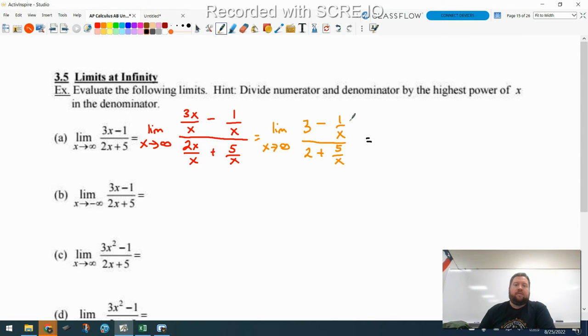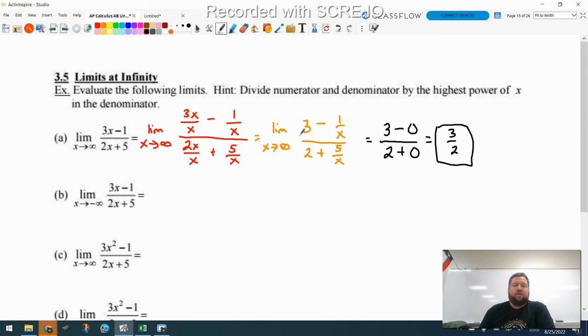And so if you have a constant on top and you're dividing by a number that's getting bigger and bigger and bigger, that fraction is going to 0. And so same thing with this one. Constant on top, the denominator keeps getting bigger and bigger, so that fraction is going to 0. So we end up with just 3 minus 0 over 2 plus 0, which is equal to 3 halves.